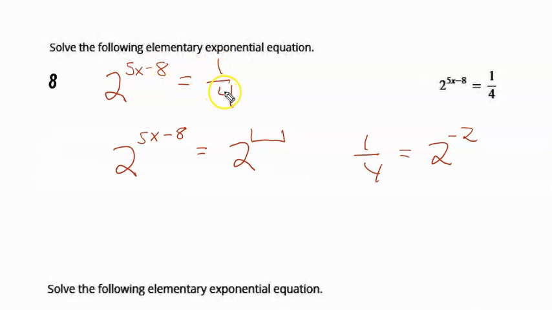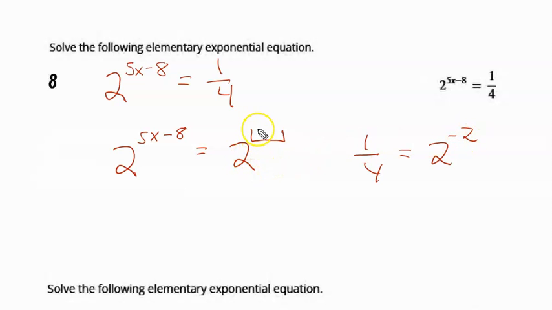Okay. Now, in example 8, we have our original example, 2 to the 5x minus 8th power is equal to 1/4. So we want to get this 1/4 to become some power of 2. Now, we know that 1/4 is equal to 2 to the negative 2 power.